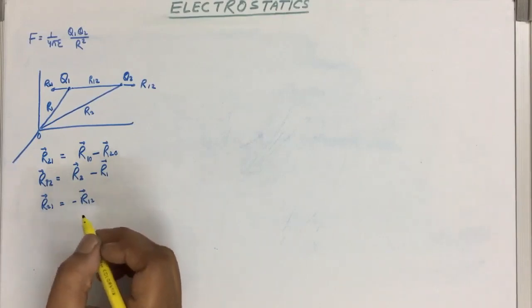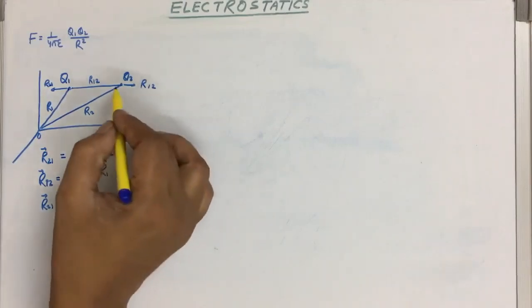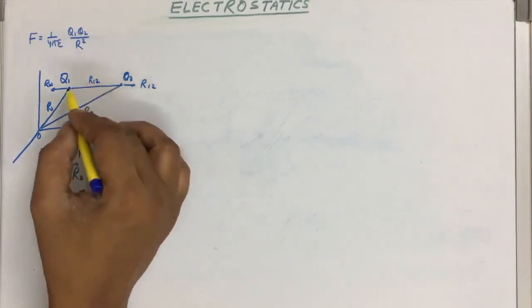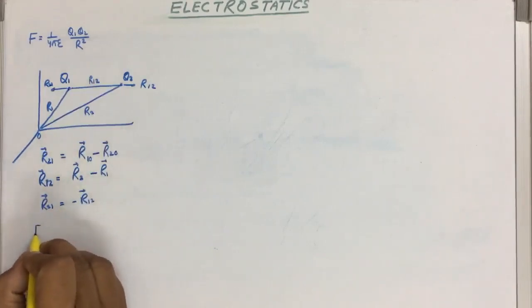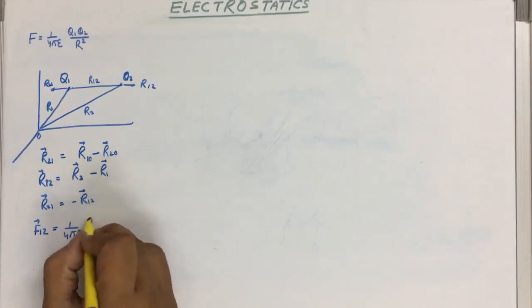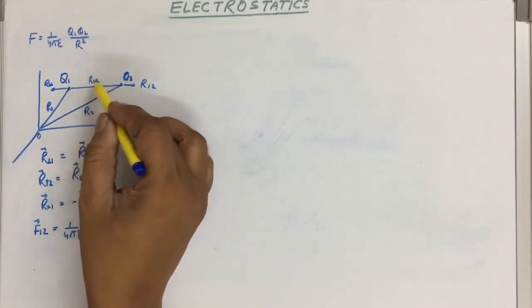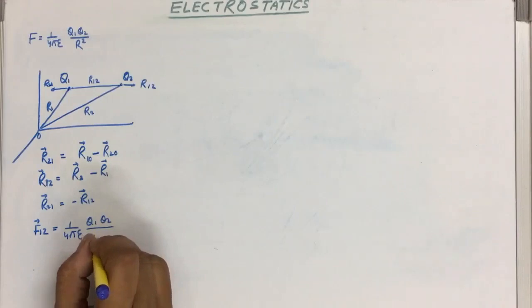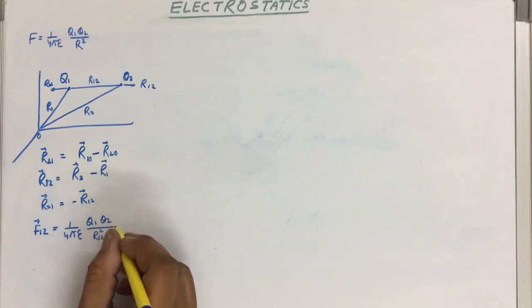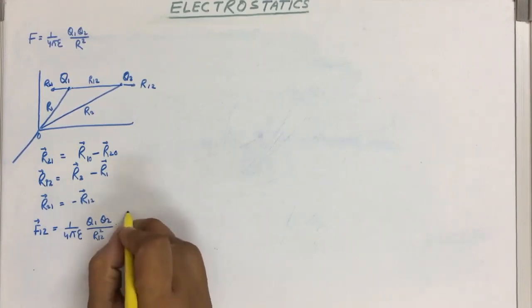Okay, so if we are seeing the force acting on this due to this charge, then we can say force F12 will be equal to 1 by 4 pi epsilon q1 q2 divided by r12 square, in the direction of r12.